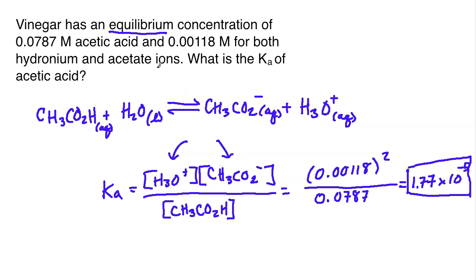We don't need to do ice if we already have those equilibrium concentrations. Ice is used when we want to either find initial and we have equilibrium, or we want to find equilibrium and we have initial. But just to calculate the Ka, if you're handed these, it's just the plug and chug type of method.